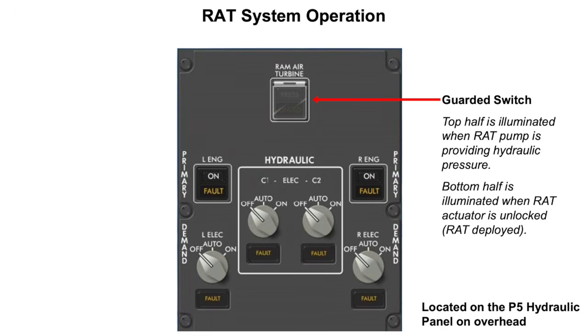Captain or first officer can deploy the RAT manually by pressing the ram air turbine switch on the overhead hydraulic panel. The RAT can also be deployed automatically if electrical or hydraulic power is lost.